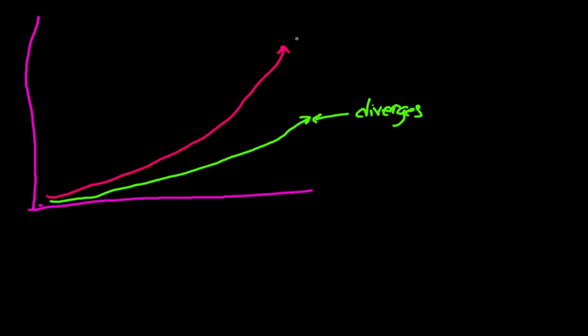This is our series a sub n, and this is our series b sub n. We know that the series that we're trying to find, our a sub n, is just bigger than our other one.